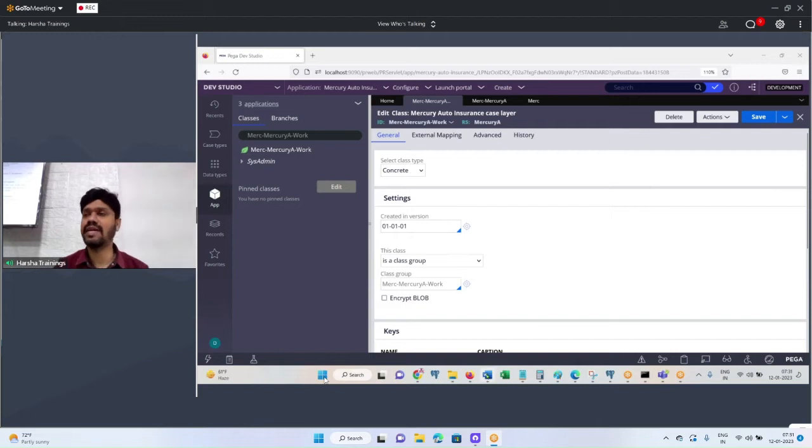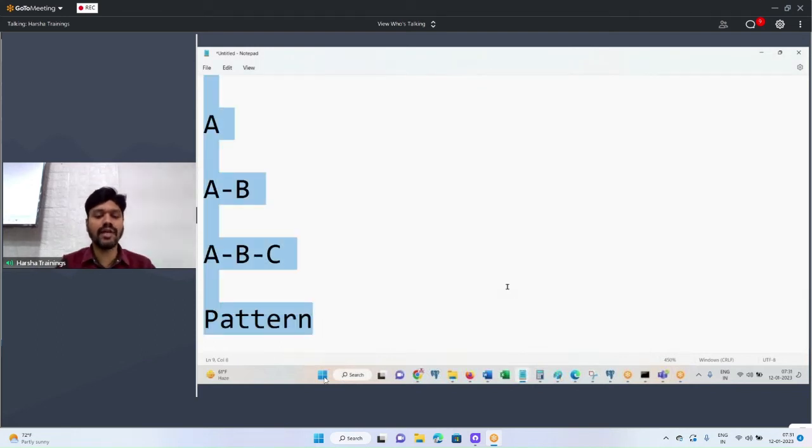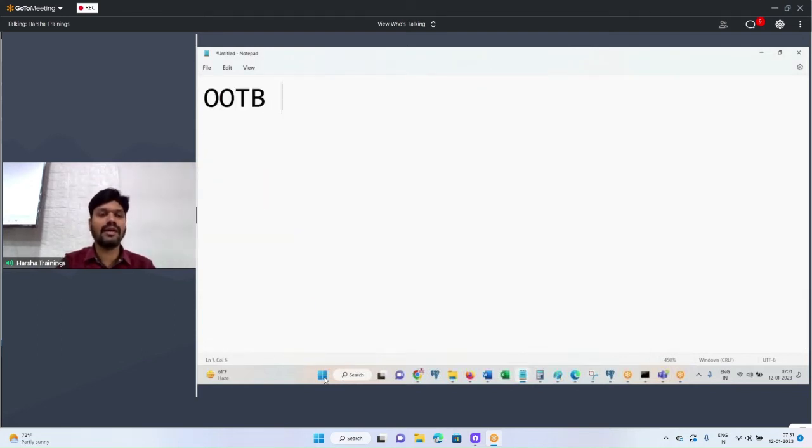Before we go to direct inheritance, I have to tell you something about OOTB classes. OOTB is the abbreviation of out of the box. It means predefined, something that is already provided by Pega.